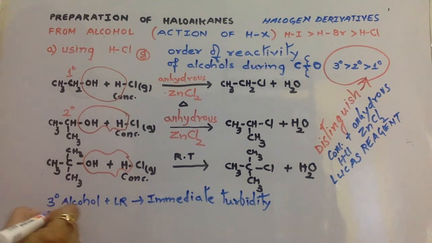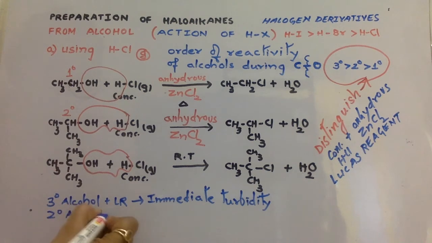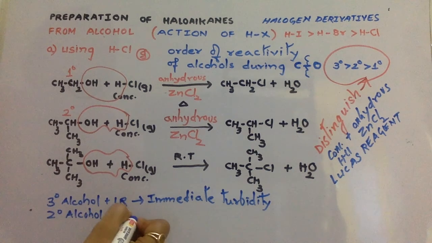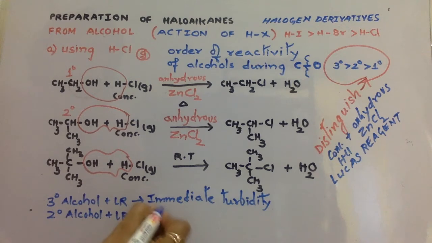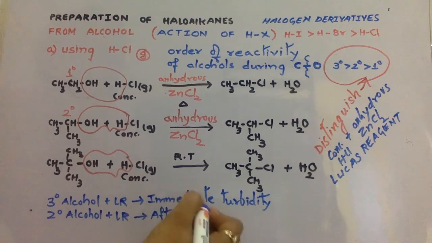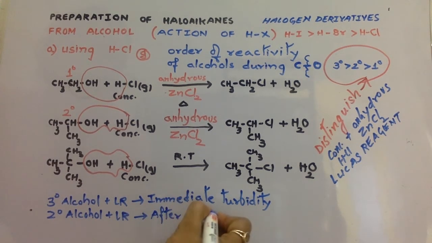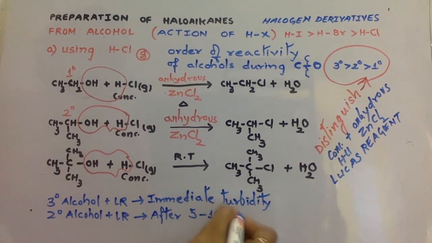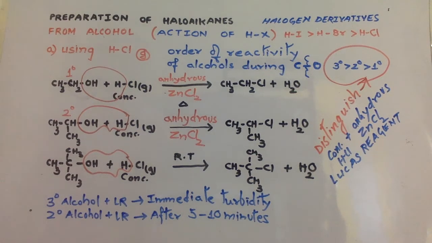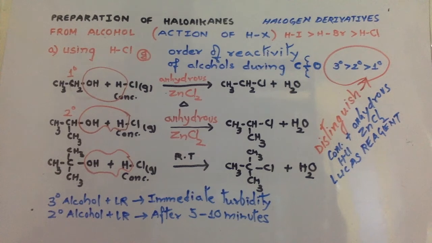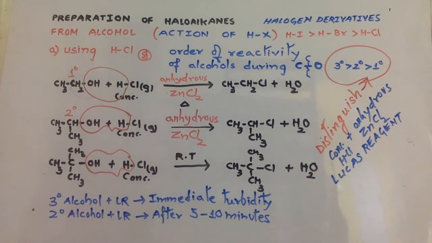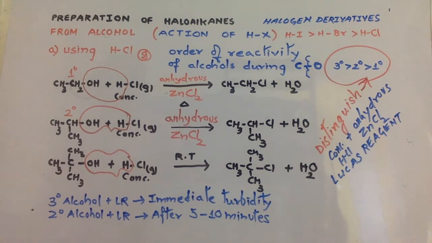But when a 2-degree alcohol is treated with Lucas reagent, then we get turbidity after 5 to 10 minutes, because secondary alcohols are less reactive than the tertiary alcohols.